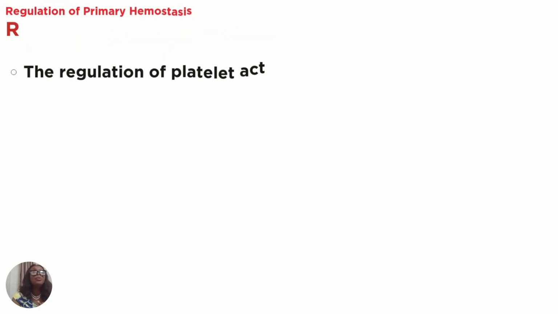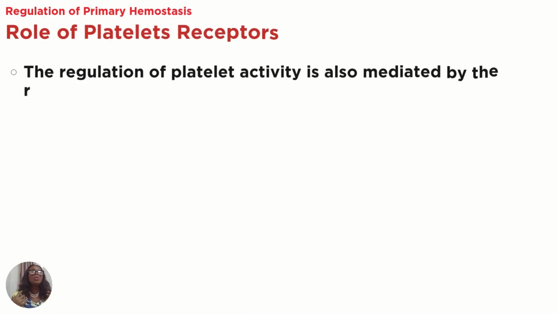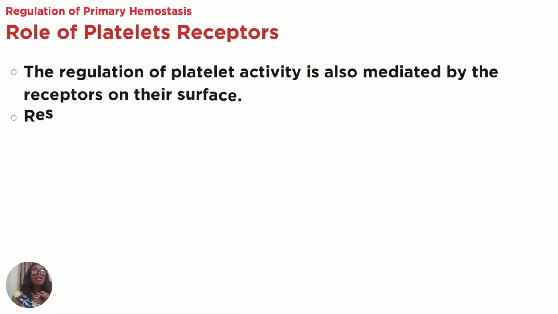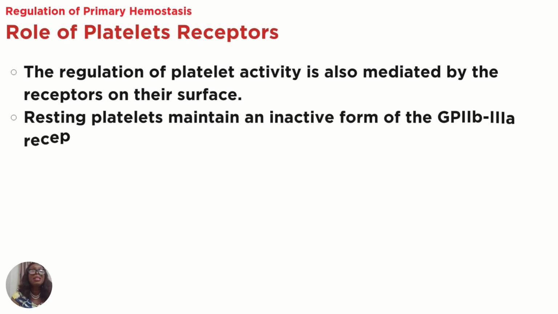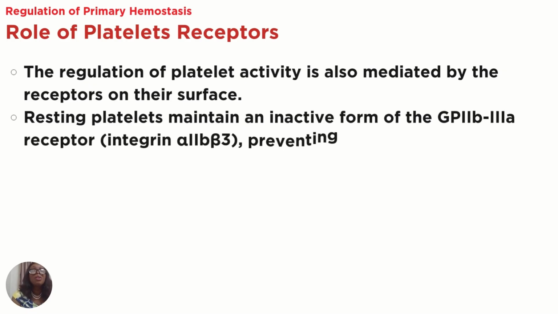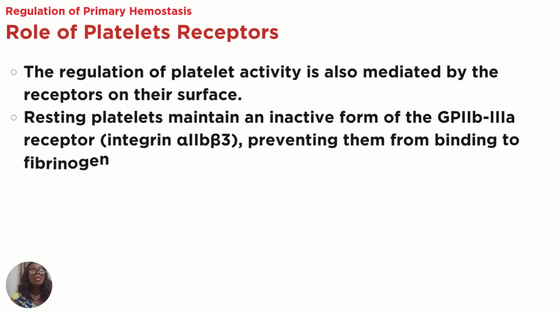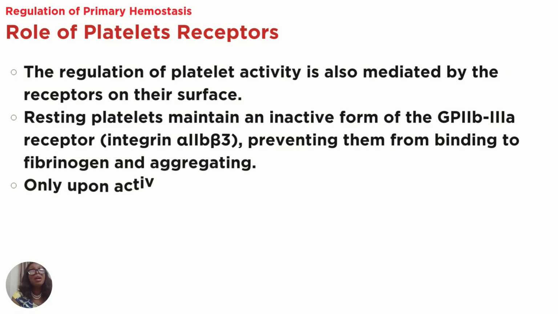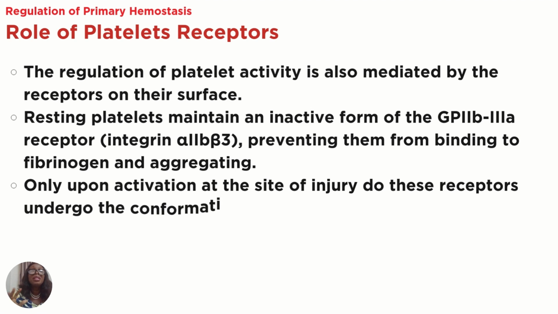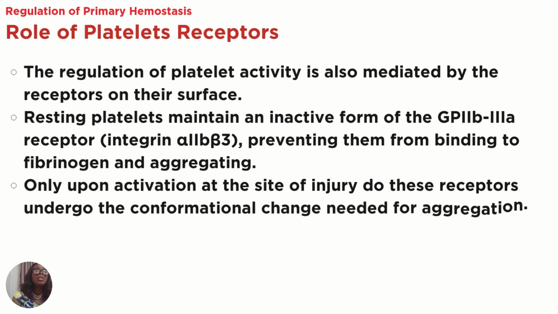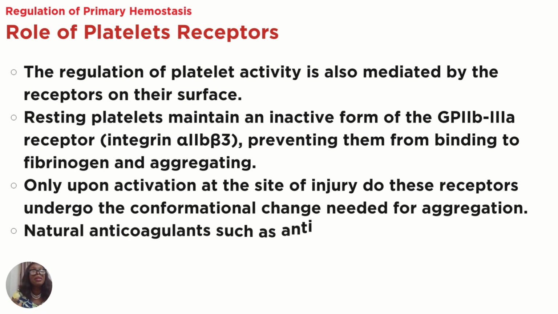We also have the role of some of the platelet receptors in regulation of platelet activity. Resting platelets maintain an inactive form of glycoprotein 2b3a receptor, that is integrin alpha 2b beta 3 receptors, preventing them from binding to fibrinogen and causing platelet aggregation.